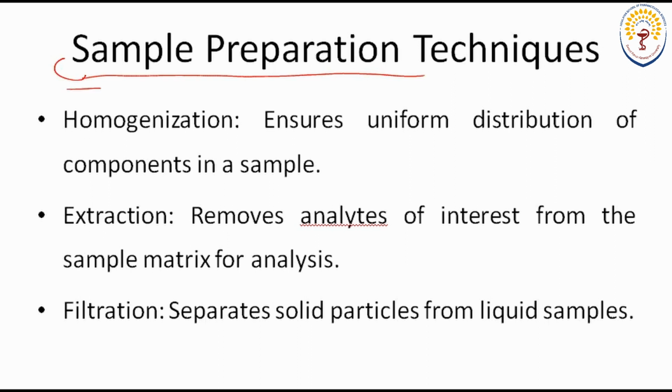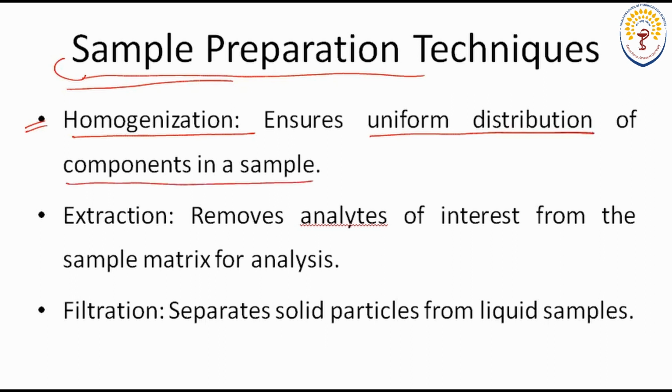Now in sample preparation techniques, the first technique is homogenization. Homogenization is nothing but uniformly distributing all of the components in the sample, so that whenever you take a small portion of the sample, it is representative of the entire thing.